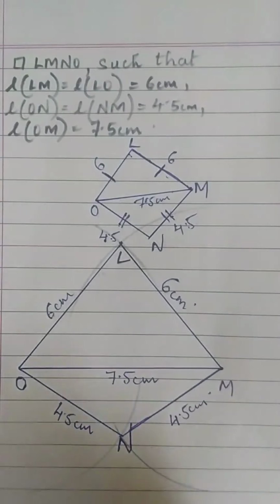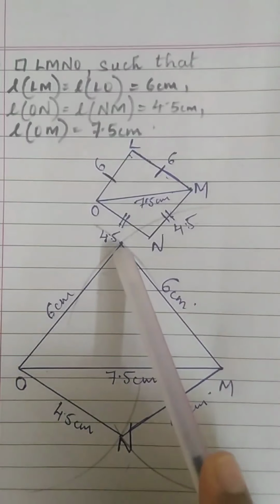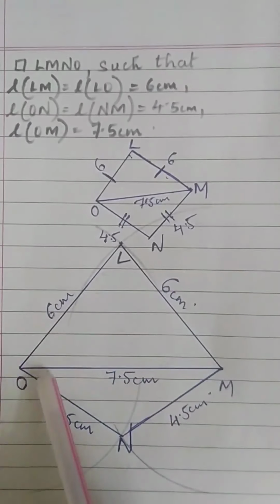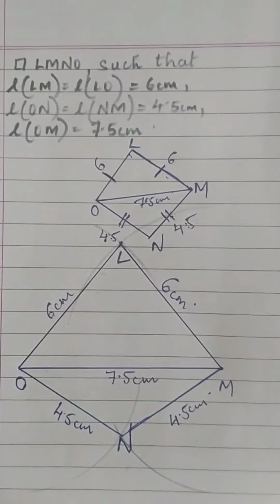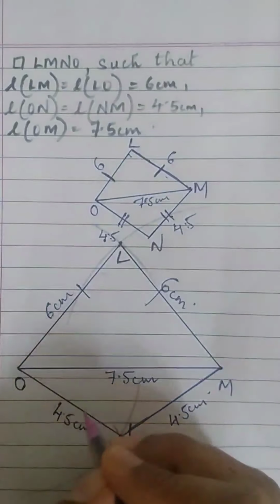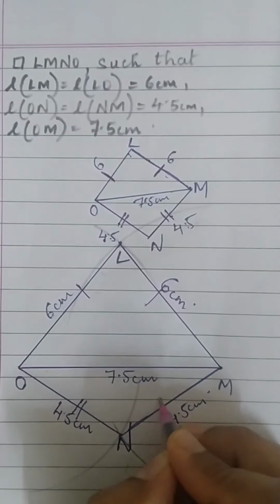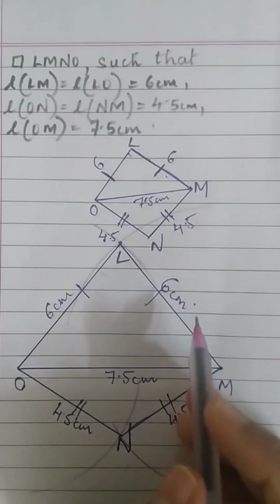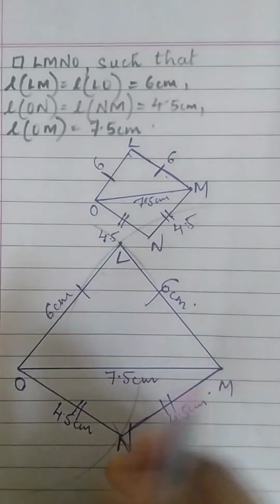So as you can see in this quadrilateral, the adjacent sides are of equal measure. So show the identical marks: these two sides are equal and these two sides are equal. And we had got the diagonal.